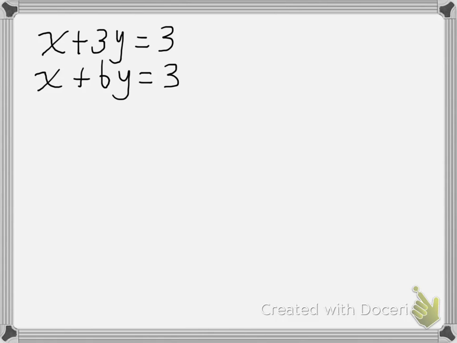Okay, here's another system of equations where there are no opposite terms to add up. But I'd like you to look at this and think about what you could multiply that first equation by to get an opposite term.